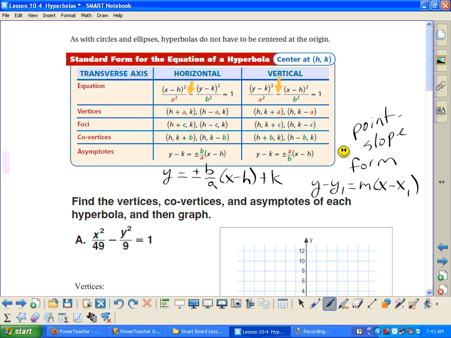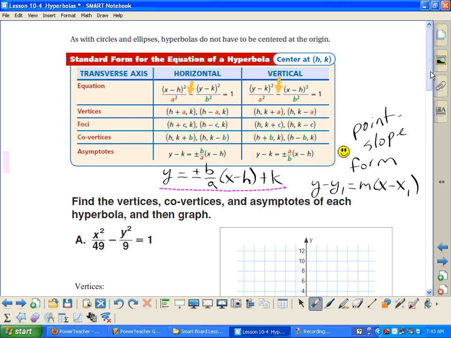So this equation for the asymptotes is nothing different than what we've used before. We actually used it a couple lessons ago when we were doing tangent lines. When you write your answer for the asymptote, go ahead and put it in this form right here. All I did is move the k from the left side of the equal sign to the right side, and so you have y equals. But don't simplify that because it gets a little complicated with a plus or minus, and that's not necessary.